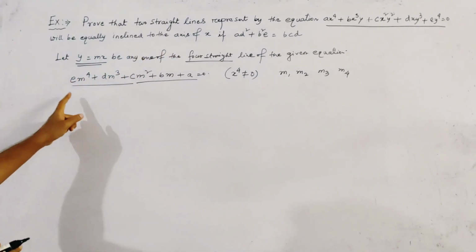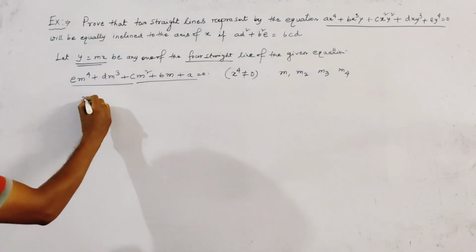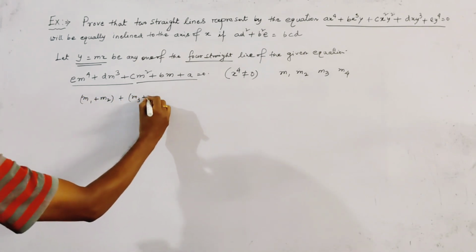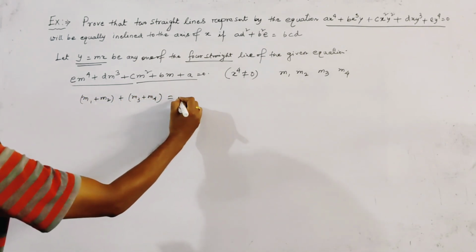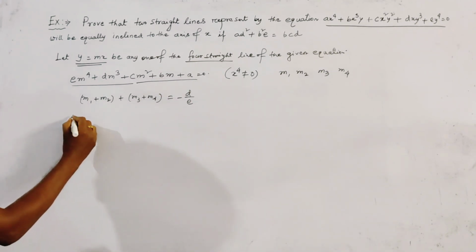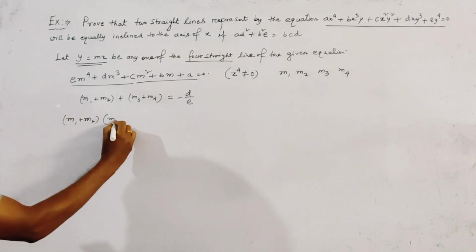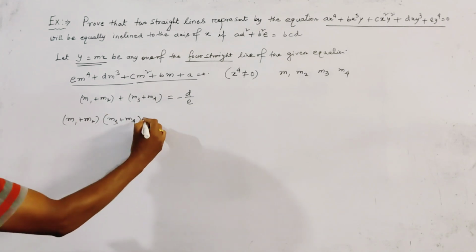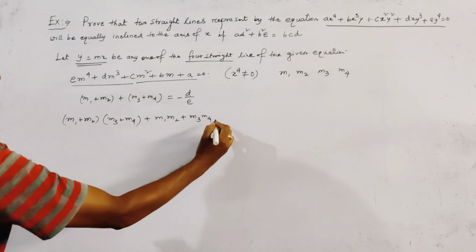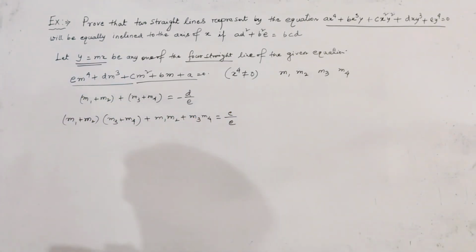Now write the relations between roots and coefficients of the equation. We get m1 + m2 + m3 + m4 = -d/e. The second relation is (m1 + m2)(m3 + m4) + m1m2 + m3m4 = c/e.